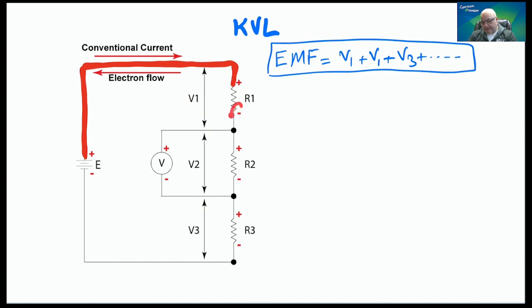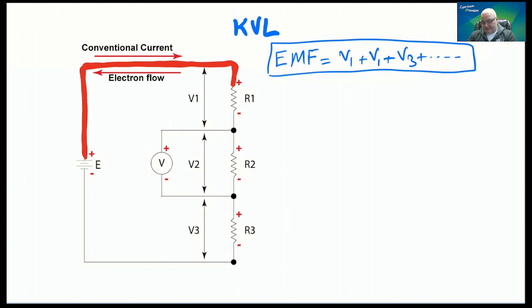So the negative is a lower electrical potential compared to the positive, which is a higher potential. The same thing happens when the electrons are going through every single component in the diagram. They enter with a positive or more potential, and they leave with less potential because they are losing energy as they go through each resistor.